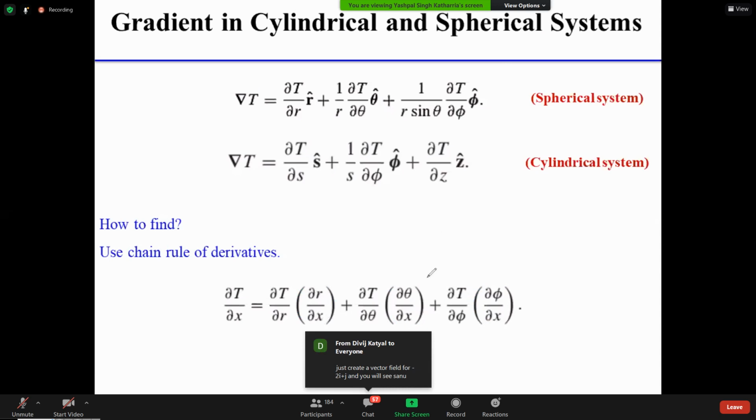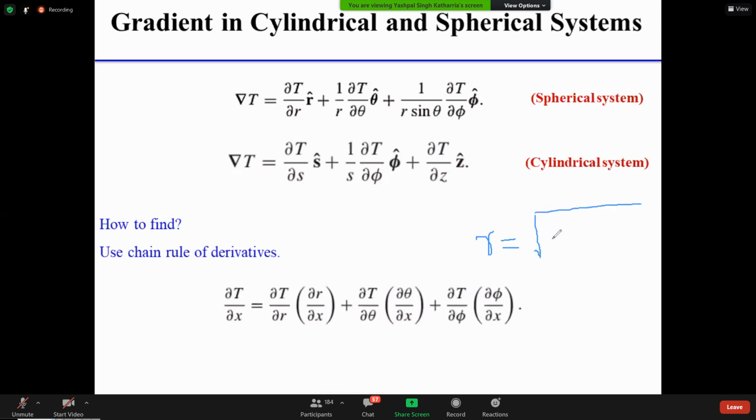How is r connected to x in a spherical polar coordinate system? Remember it? r equals square root of x square plus y square plus z square. Is this okay? In that case, if you calculate del r over del x, how much should be the value? It should be simple, as we consider the y and z variables to be constant.